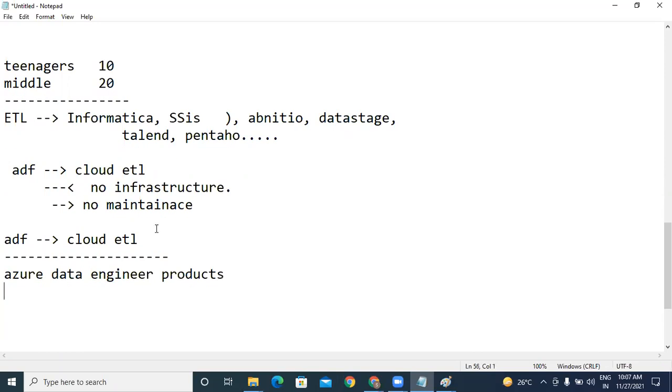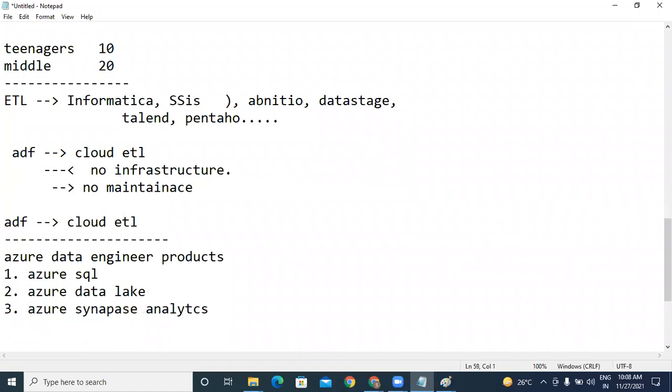There are different products offered by Microsoft Azure. Number one is Azure SQL. Number two, Azure Data Lake. Number three, Azure Synapse Analytics. Number four, ADF, that means Azure Data Factory.